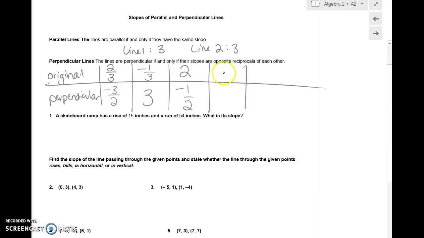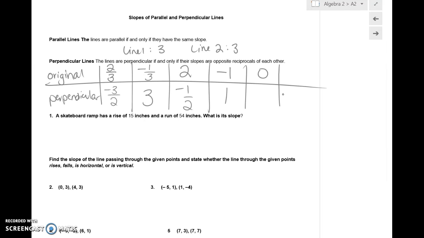Okay, now the tricky one. You ready for the tricky one? Our original slope is negative 1. Positive 1. Negative 1 and positive 1 are perpendicular. Okay, you ready for another challenge? Let's say our slope is 0. 0 is a horizontal line.